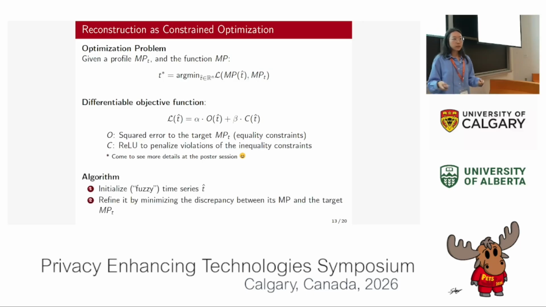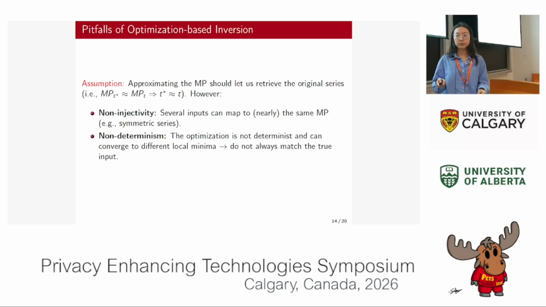So the algorithm is that we initialize a set of fuzzy time series T hat, and then we refine it with a solver to minimize the discrepancy between their MP and the target MPT. This optimization problem is based on an assumption that we can retrieve the original time series by approximating the matrix profile.